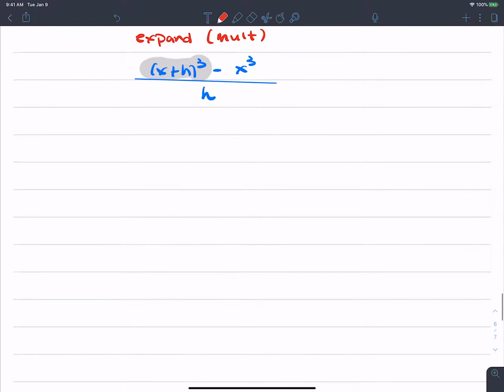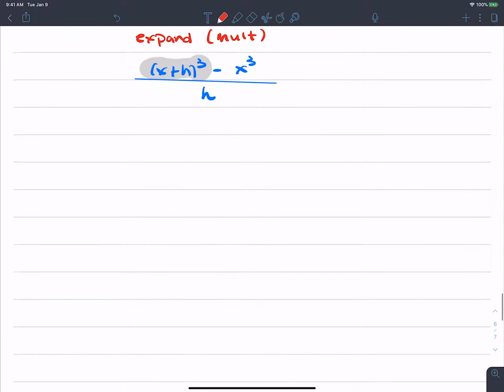So you might say, well, what is that? That's x plus h to the third power, by definition, is x plus h times x plus h times x plus h. And for the first two, what you're going to use is FOIL.